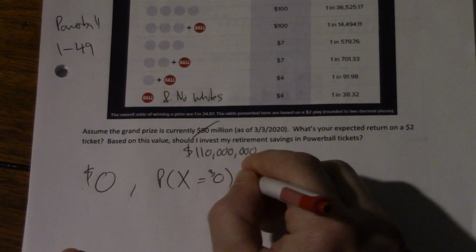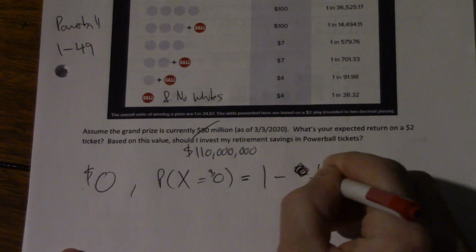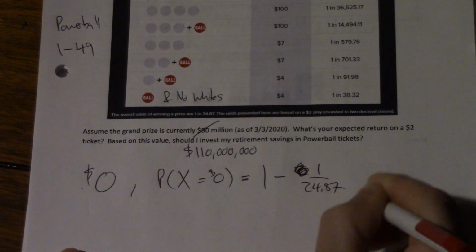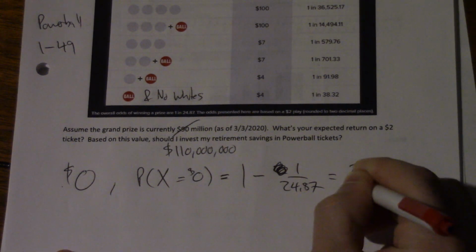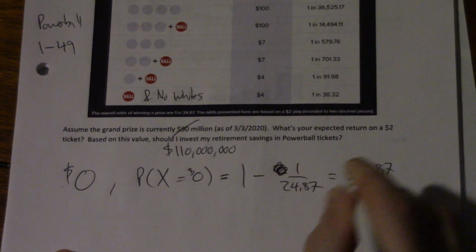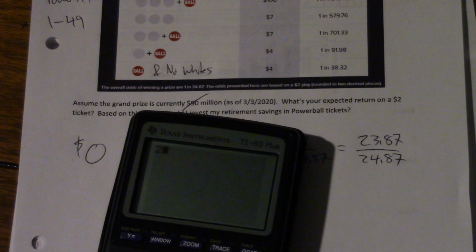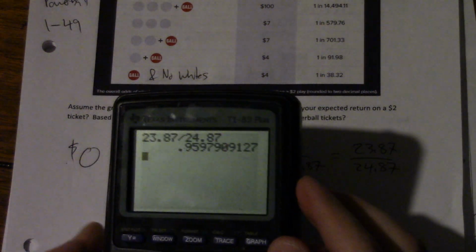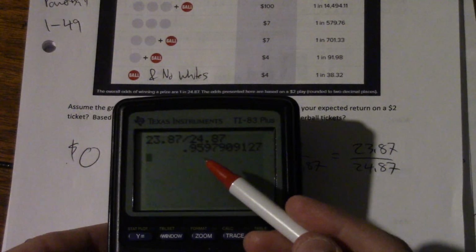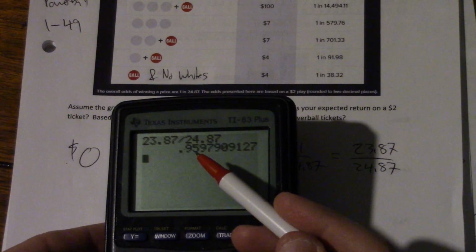So the probability that we win nothing is 1 minus 1 over 24.87, which works out to be 23.87 over 24.87. If you compute 23.87 divided by 24.87, there's your probability. The probability that you would win $0 is 96%.